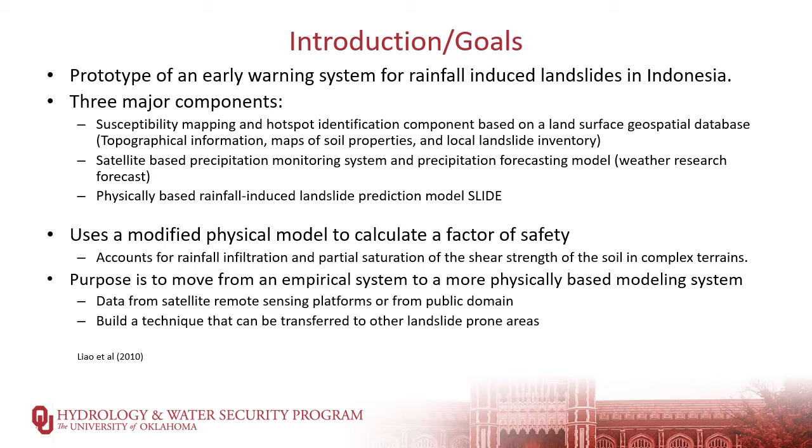And then the third component is a physics-based rainfall-induced landslide prediction model, denoted as SLIDE. It uses a modified physical-based model to calculate a factor of safety, amounts of rainfall, infiltration and partial saturation of the shear strength of the soil in complex terrains, is what that model is based on, and the purpose was to move an empirical system to a more physically based modeling system.